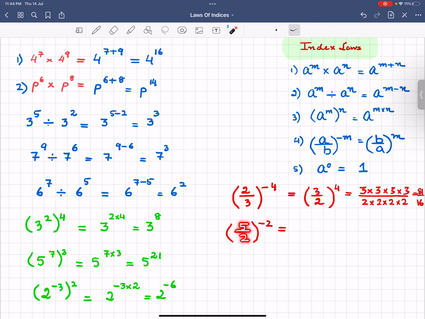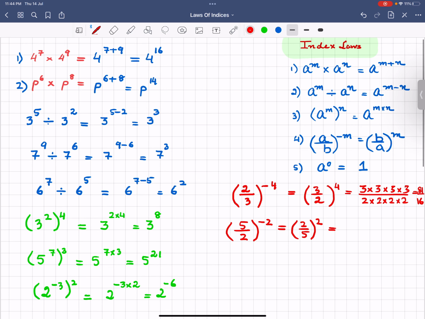We have 5 by 2, so when we take the reciprocal, we have 2 by 5, and the power becomes positive. So if we need to calculate the value, we will multiply 2 by 2 and 5 by 5. So our answer is 4/25.